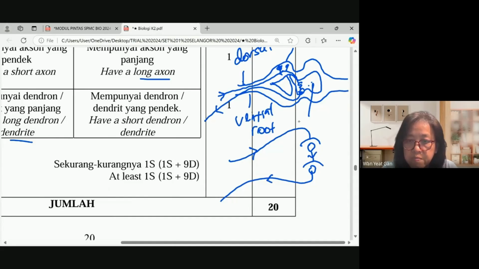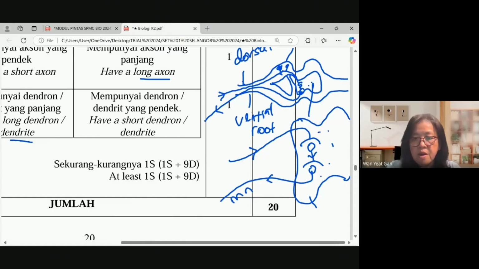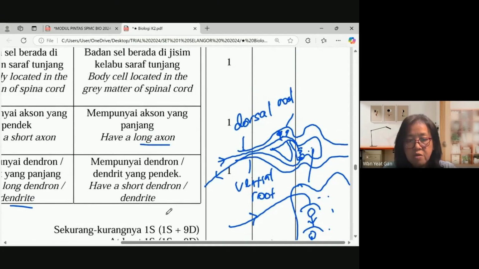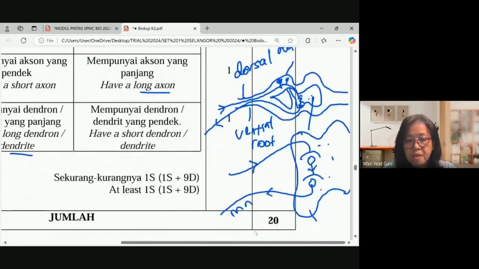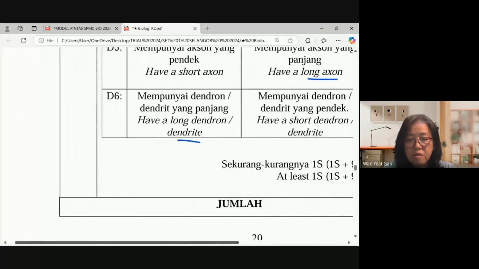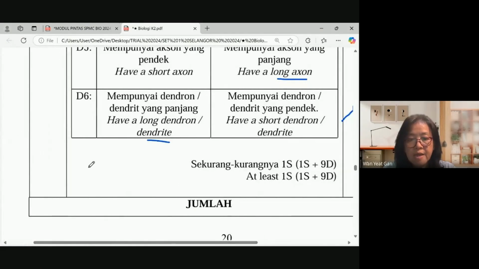So this is inside the gray matter of the spinal cord. The cell body of motor neuron is found in the gray matter. That's why here they say cell body located in the gray matter. So you must have at least one similarity and 9 differences.